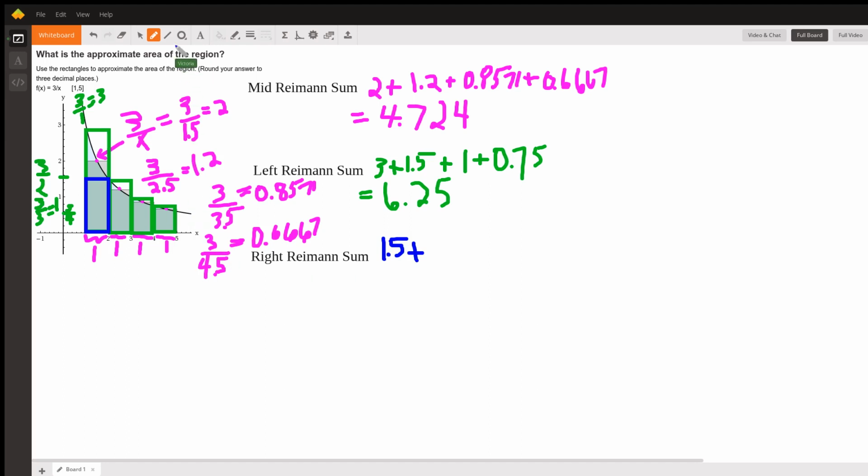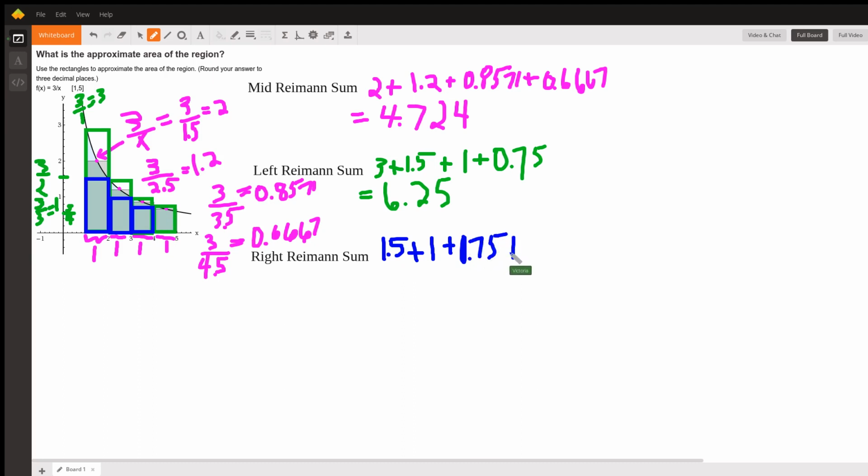Then if I go up the right side and stop at the function and then go back, this height is 3 over 3, which is 1. So 1 times 1 is an area of 1. If I go up the right side of this rectangle and stop at the function and then draw my rectangle back, we're going up at 4, so 3 over 4 is 0.75.